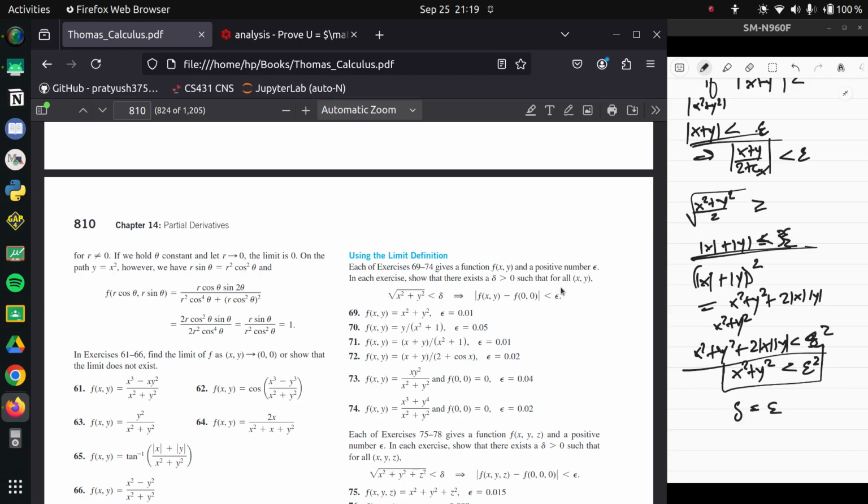Just set delta to be epsilon, and this automatically will happen, right? So if your square root of x square plus y square is less than delta, which is also just epsilon, this will happen, and then this will happen, and that's exactly what we want.